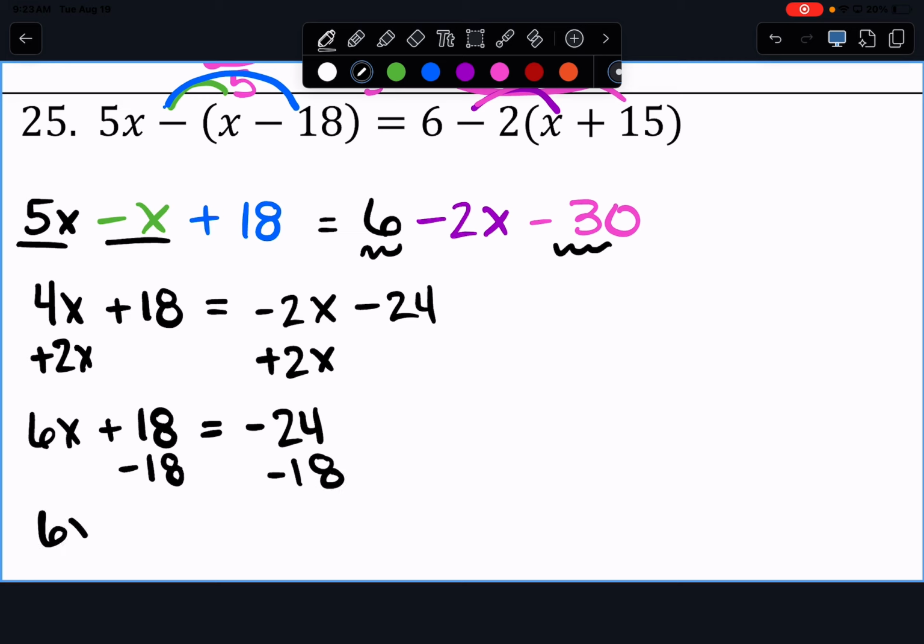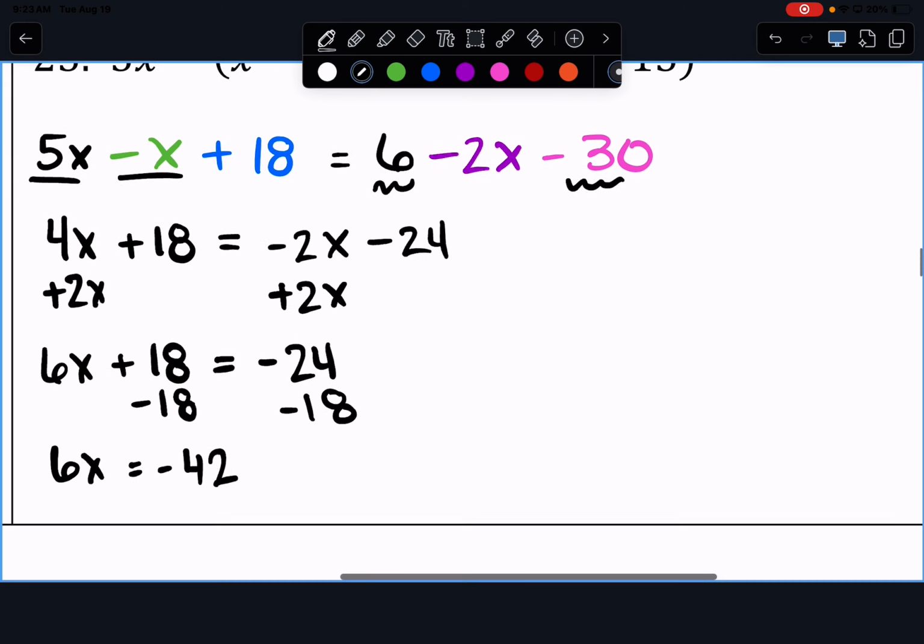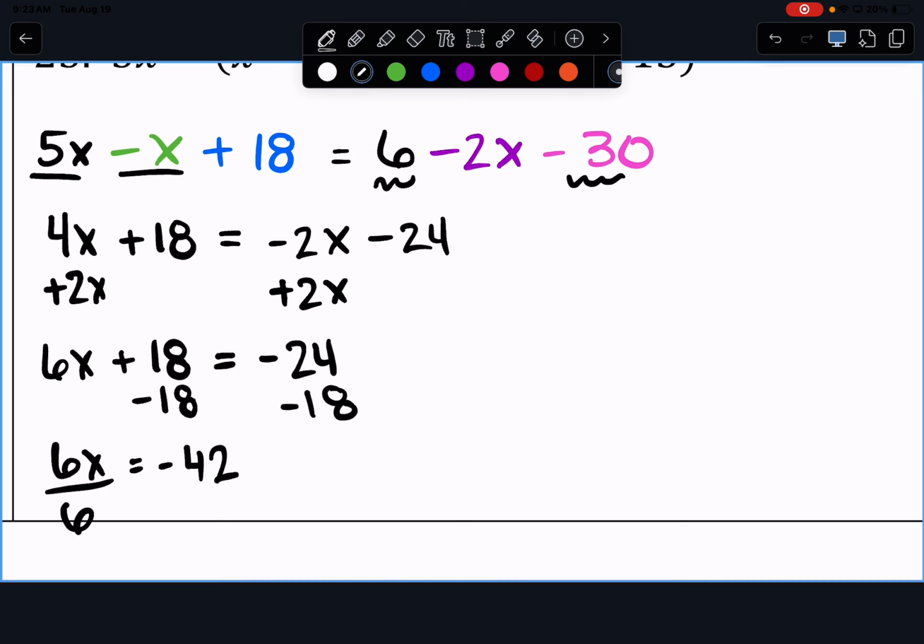So we get 6x equals what? Not 36, but 42. And then we do what? Divide. So x equals negative 7.